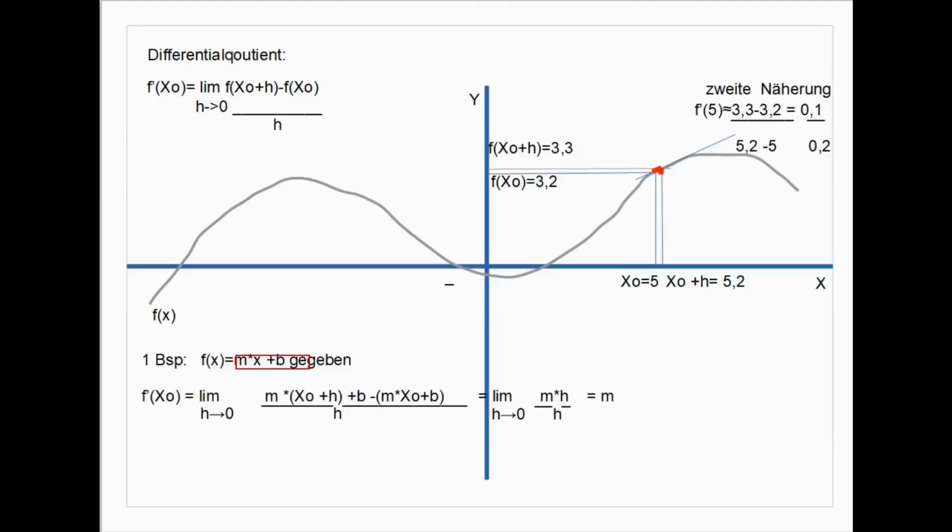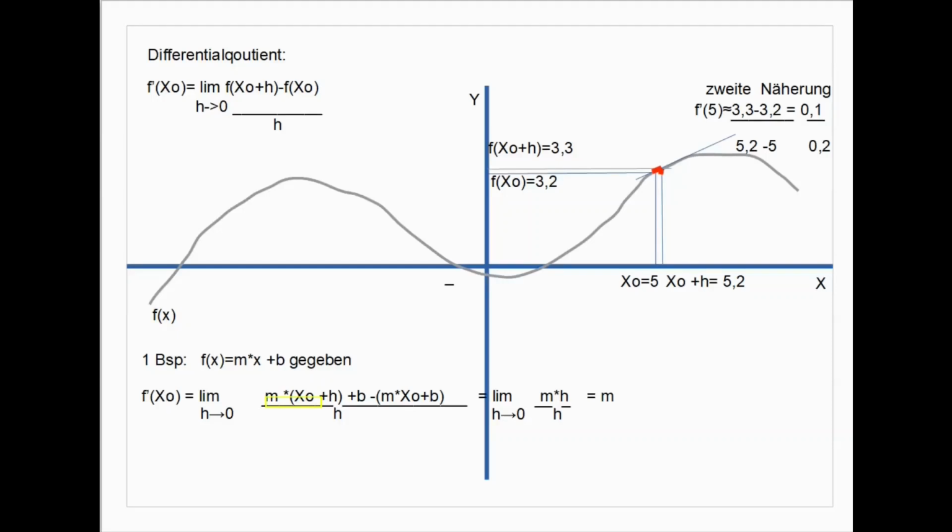So we have to insert x0 plus h into the straight line equation for x, and then it follows m times brackets x0 plus h brackets closed plus b minus f of x0 is at the top in the differential quotient, so minus brackets m times x0 plus b. We have to divide the whole thing by h, and finally let limit h run towards 0.